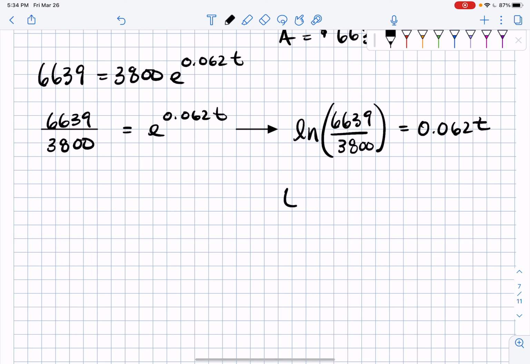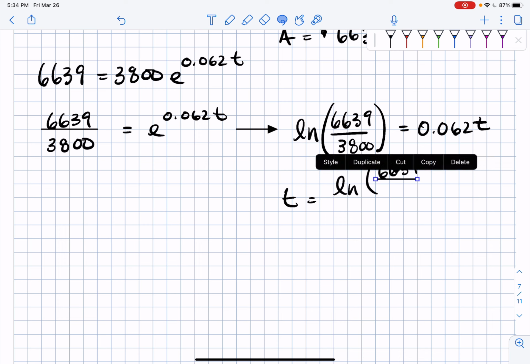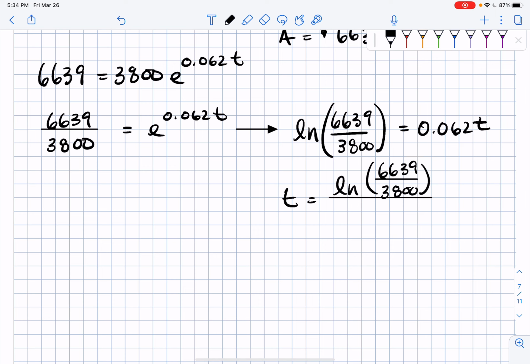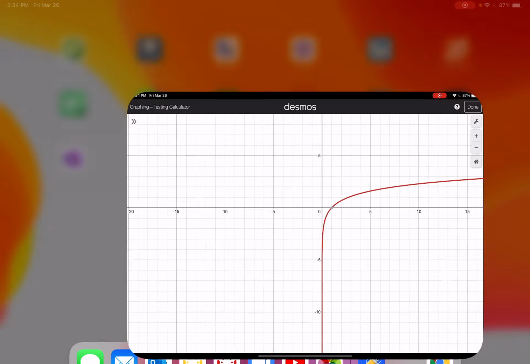Then my t is going to equal ln of 6639 over 3800, all over 0.062. All right, so let me try to remember all these numbers.